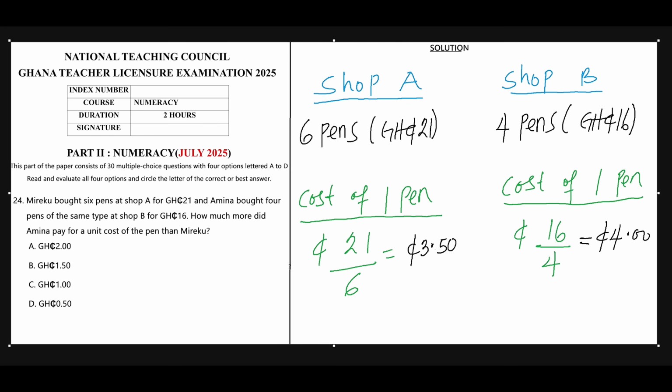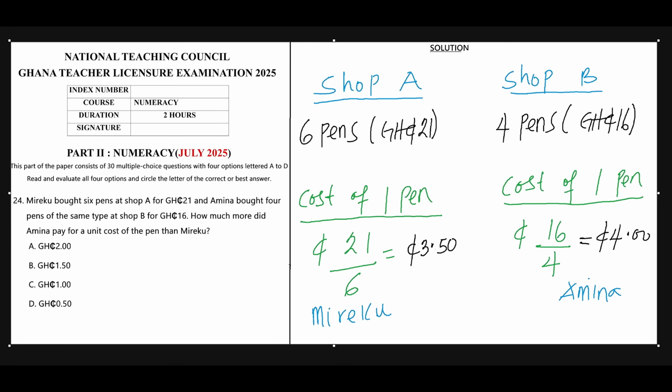Remember, this is how much each of them bought the pen. Shop A was shopped by Miracle, and shop B was shopped by Amina. So it is clear that Amina paid more in terms of the cost of a pen than Miracle.